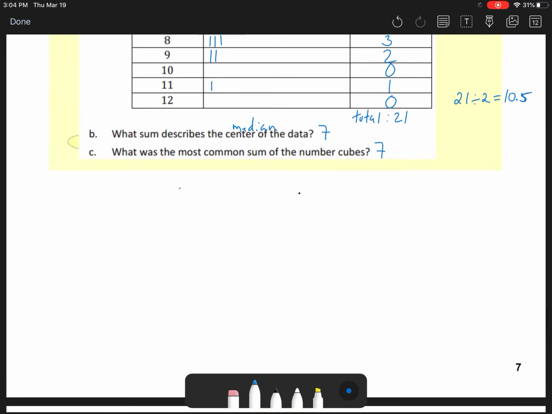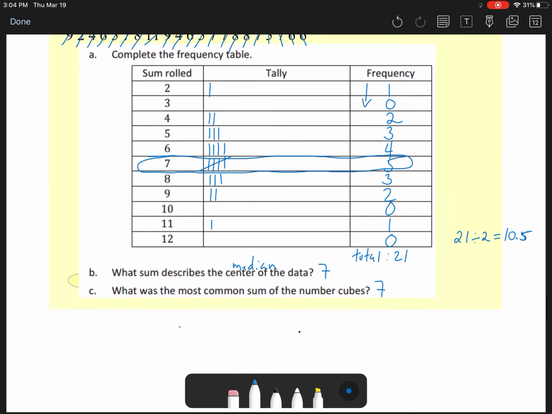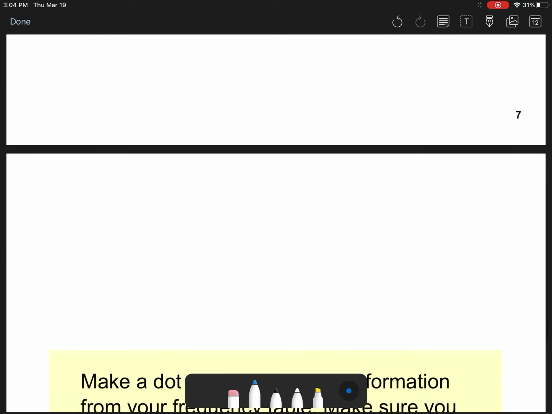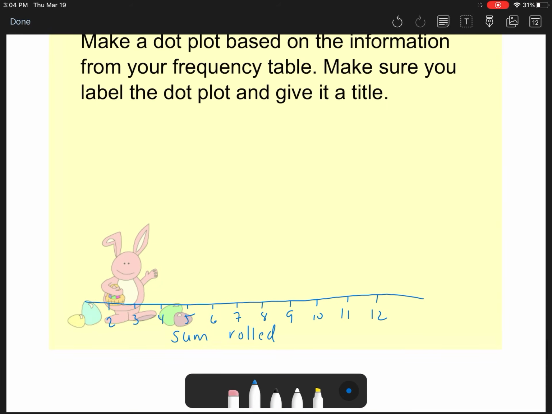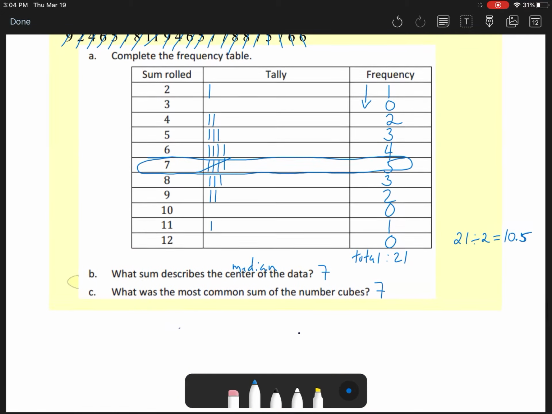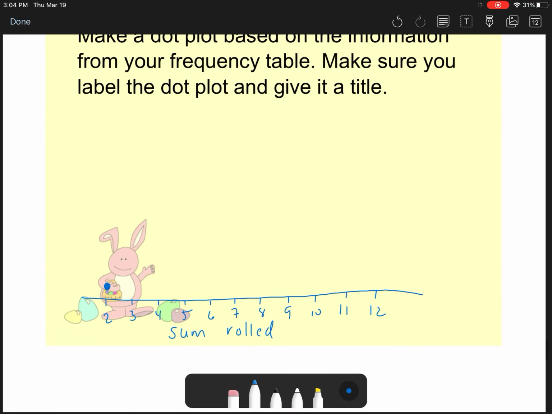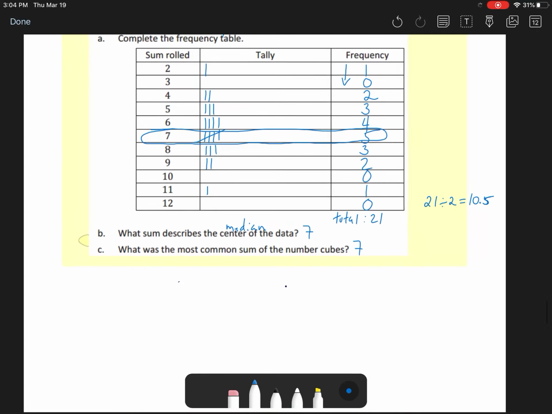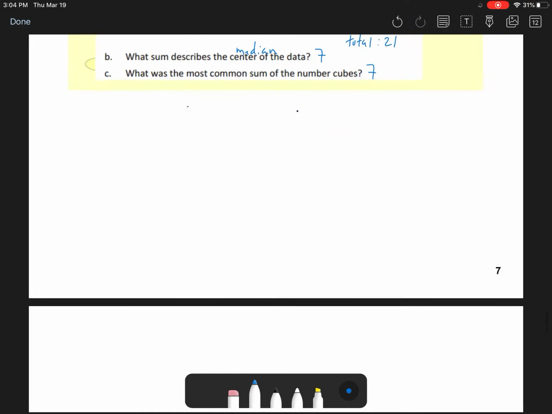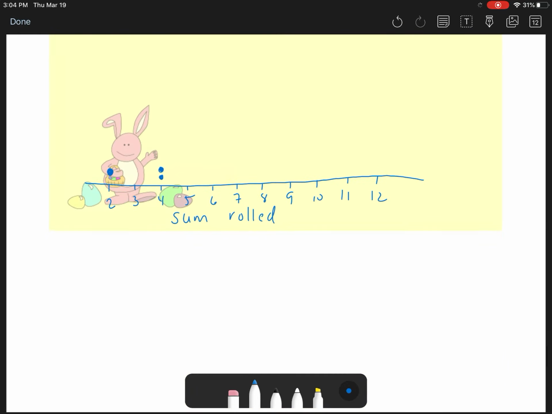Okay, and I'm just going to keep flipping back and forth here. We got 2 once. 3 did not come up at all, so we don't put any dots in that column. 4 came up twice. 5 came up 3 times. 6 came up 4 times.